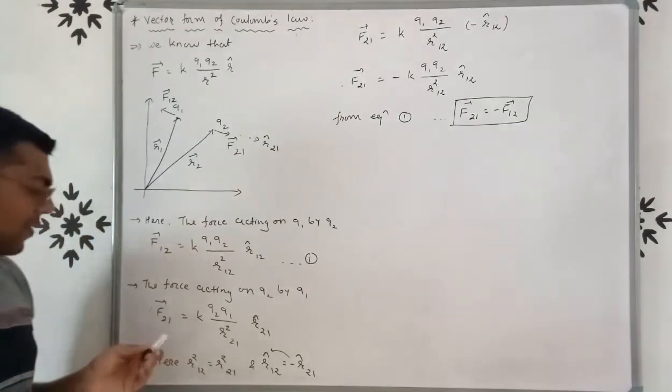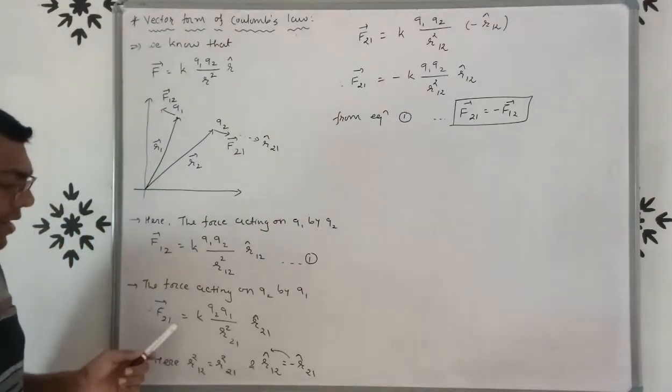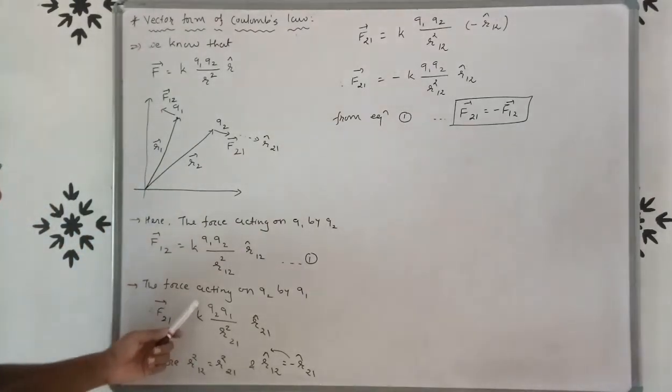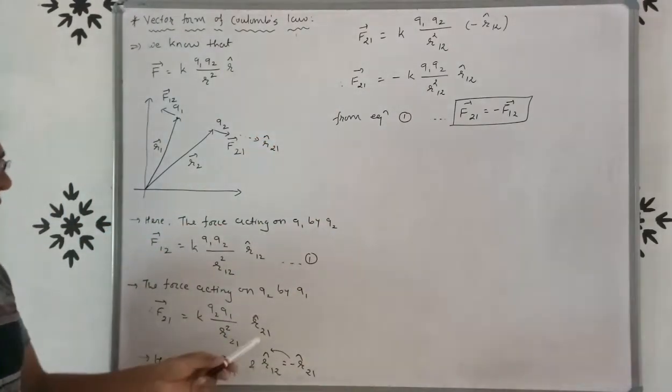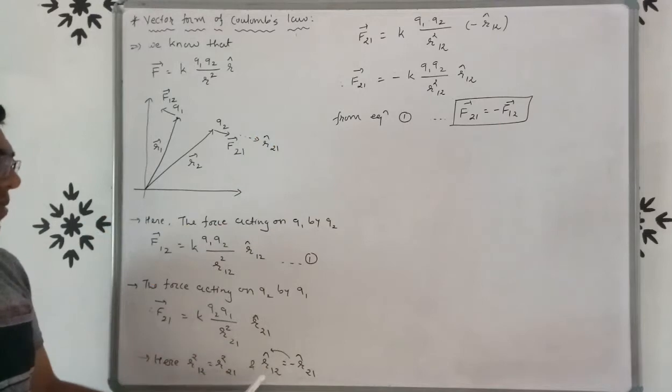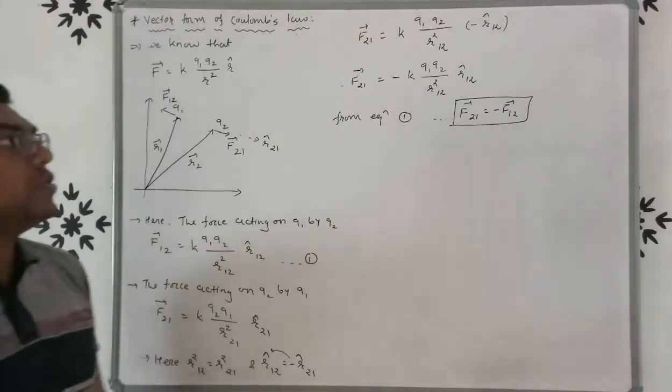So we can write that R cap 12 is equal to minus R cap 21. So vector F21 is equal to K Q1 Q2 upon R square 12, but the value of R cap 21 is minus R cap 12.